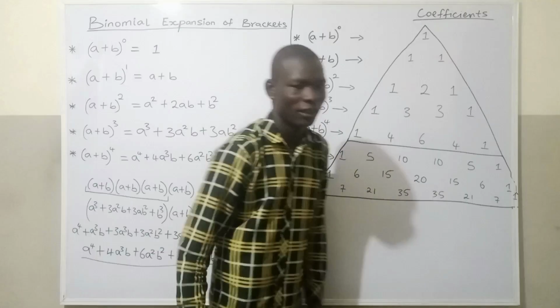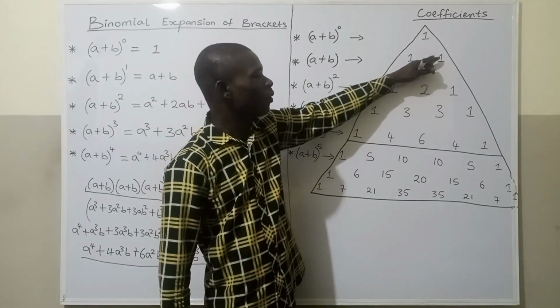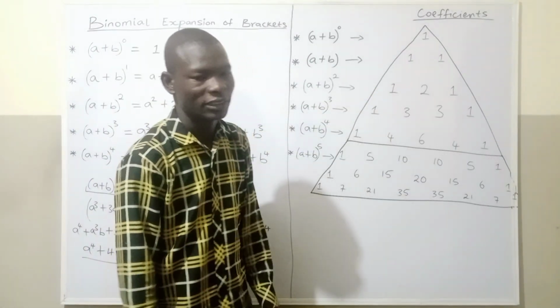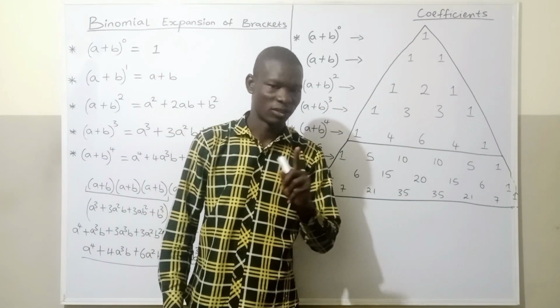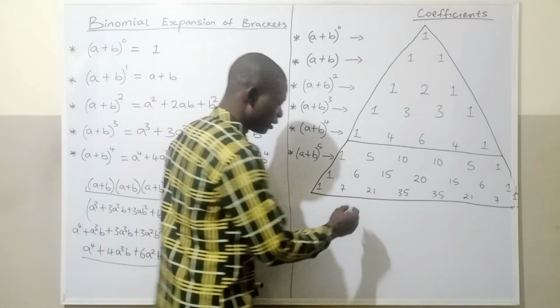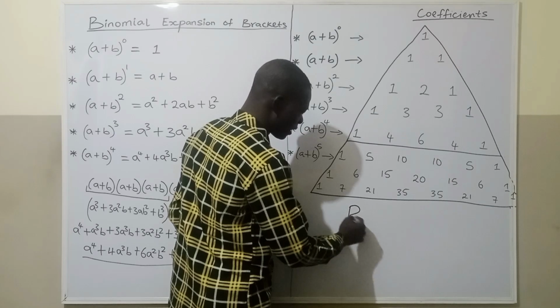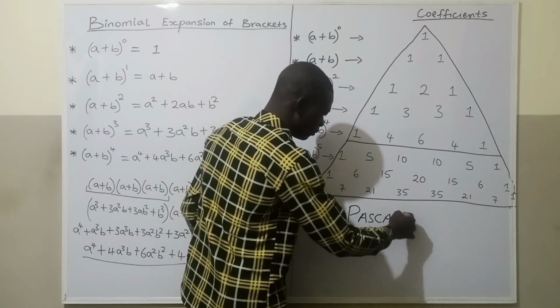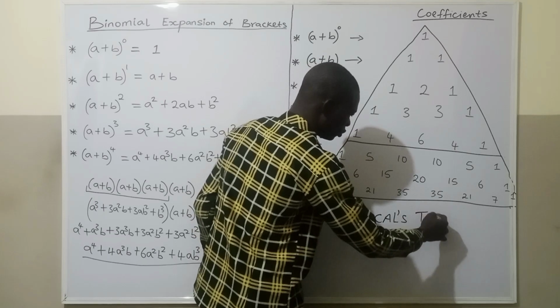Now, this triangular array of numbers, what is the name that is given to them in further mathematics, especially further mathematics SS2? They are called the Pascal's triangle.